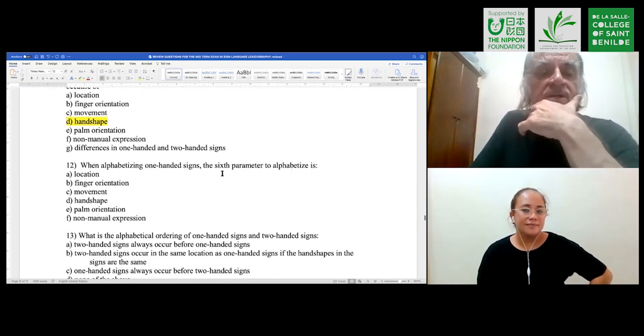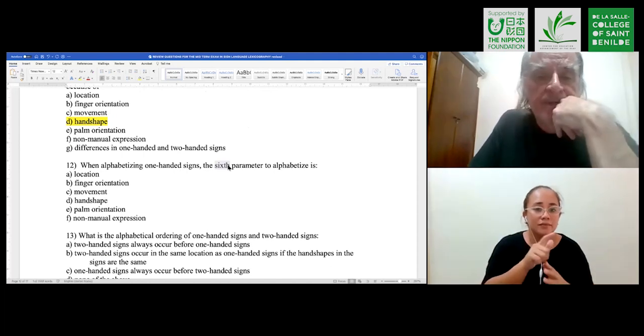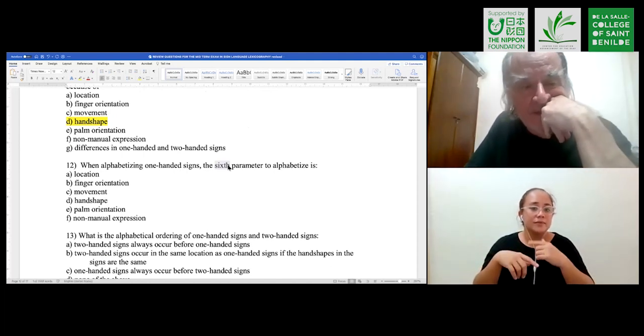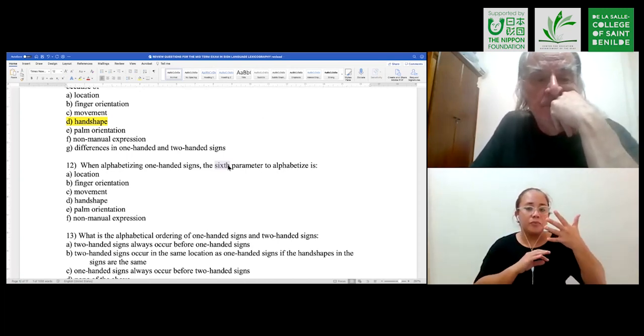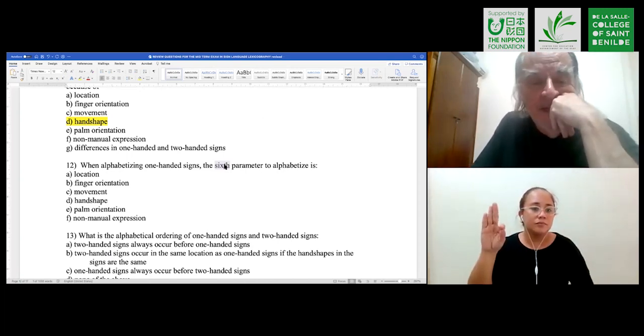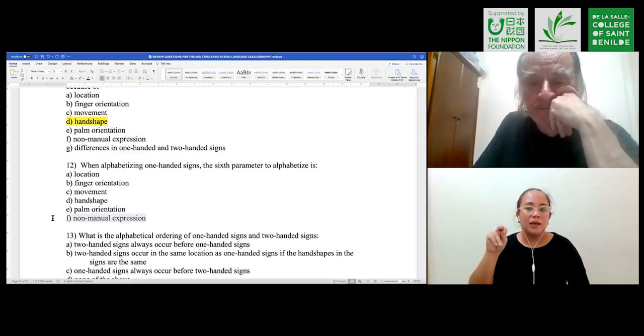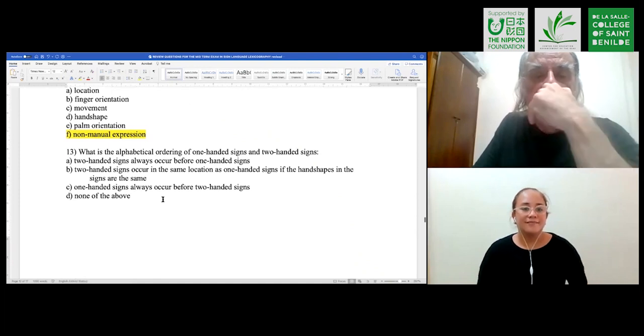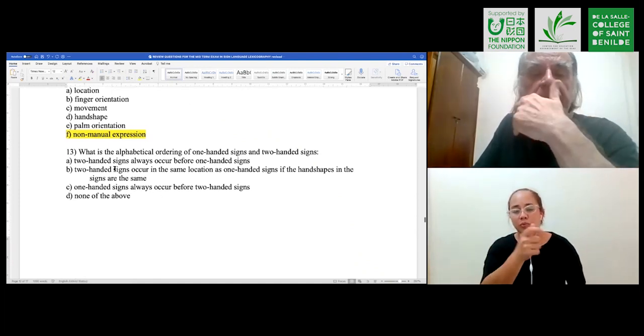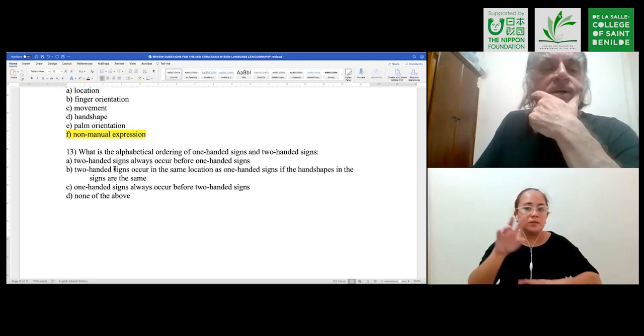Okay, when alphabetizing one-handed signs, the sixth parameter to alphabetize is after F, movement. F. F, yes, correct. Non-manual expression. And what is the alphabetical ordering of one-handed and two-handed signs?